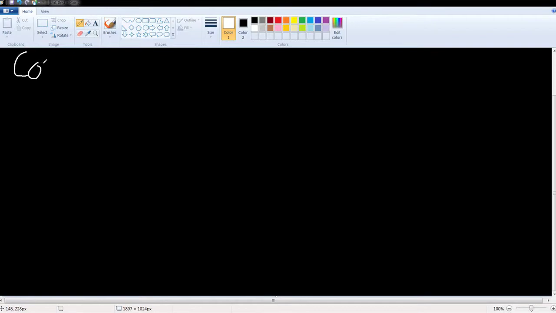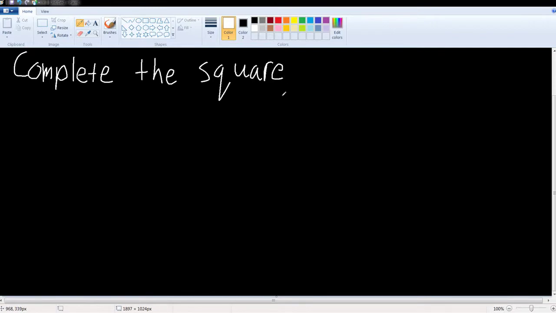So, we have complete the square. So in general, when we're completing the square, we are dealing with parabolas or quadratics. So quadratic equations, what do they look like?